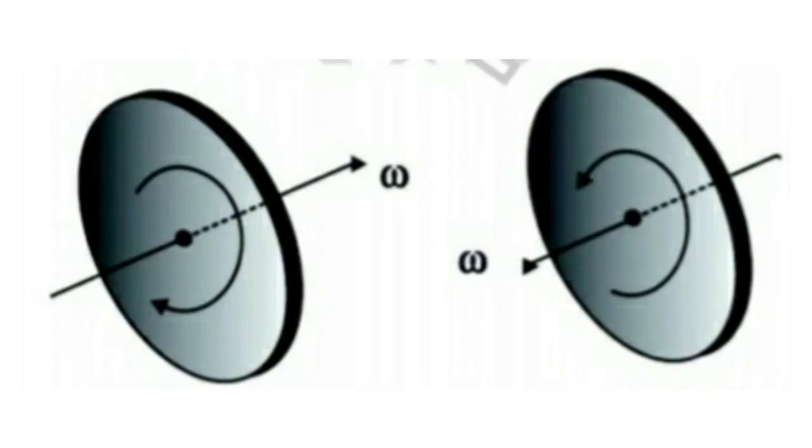So for a different sense of rotation, the angular velocity direction also will be different. That means depending on whether the body rotates clockwise or anti-clockwise as given in the diagram, the direction of angular velocity will be different.